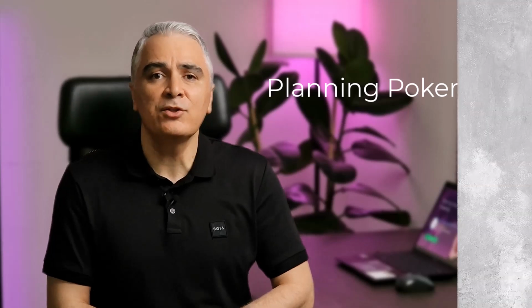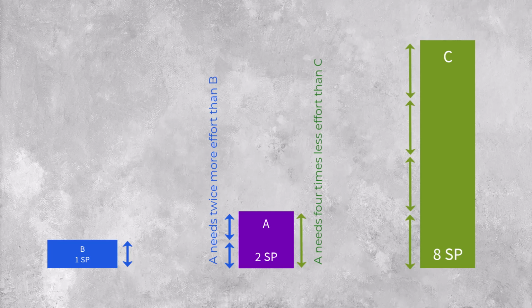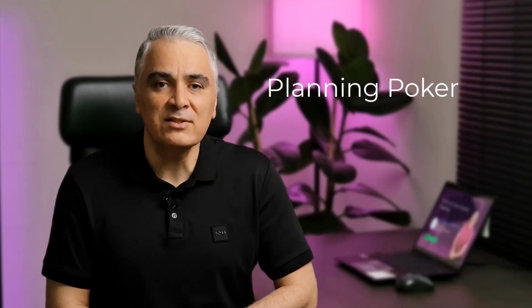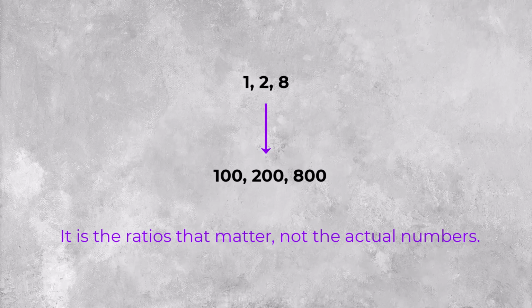A PBI with 2 story points should be twice as much effort as a 1 story point. It should be 1/4 of a PBI that is estimated as 8 story points. Instead of assigning 1, 2, and 8, you could have assigned 100, 200, and 800. It is the ratios that matter, not the actual numbers.